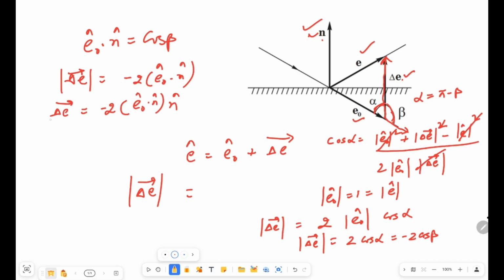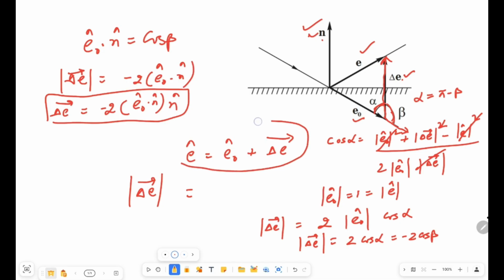And since E vector is equal to E naught plus delta E vector, just place the value of delta E here, and you will get your result.